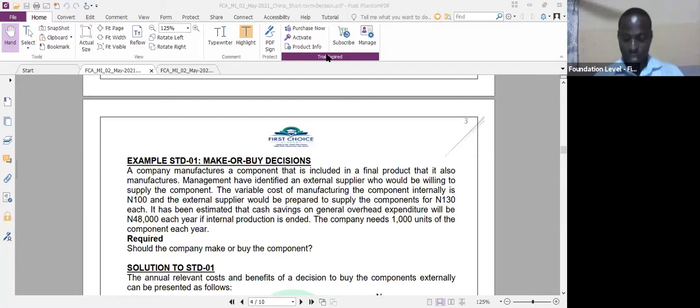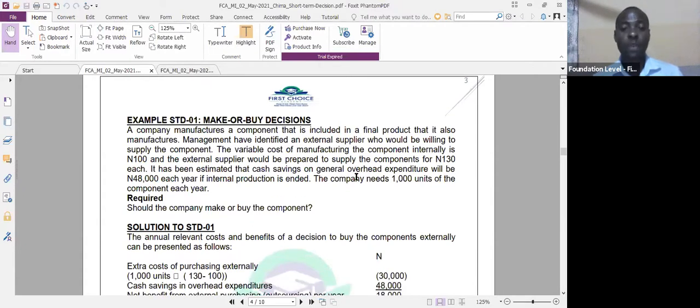It says there, a company manufactures a component, so underline the word a component, that is included in the final product. Now let's try to make this more practical. Let's be imagining this thing. The company manufactures a component. Let's imagine that the company is Nigerian Breweries manufacturing Heineken.